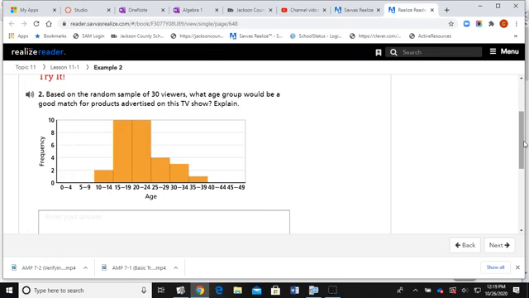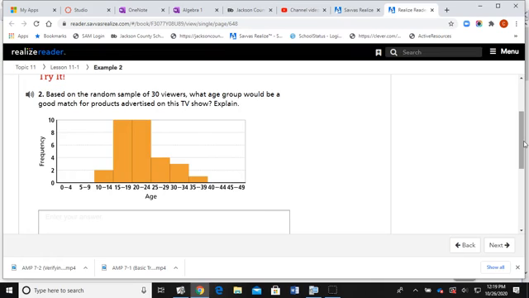It says, based on the random sample of 30 viewers, what age group would be a good match for products advertised on this TV show? 15 to 24. The book says 14 to 24, but that's not right. It's 15 to 24. We had 20 different people, 15 to 24 watching this show.